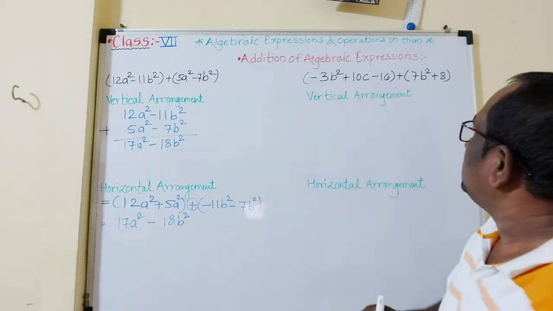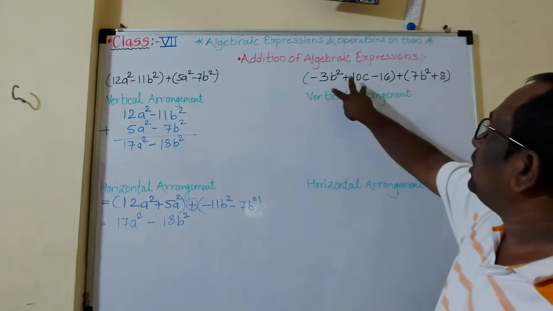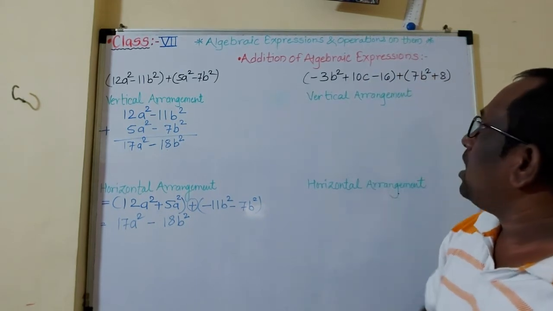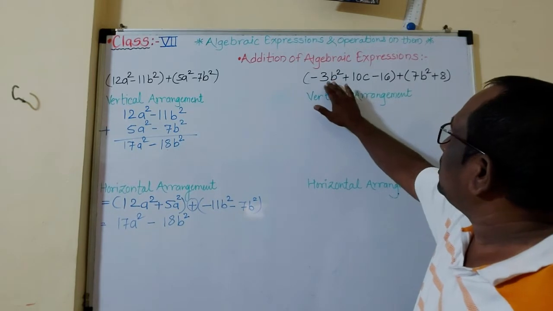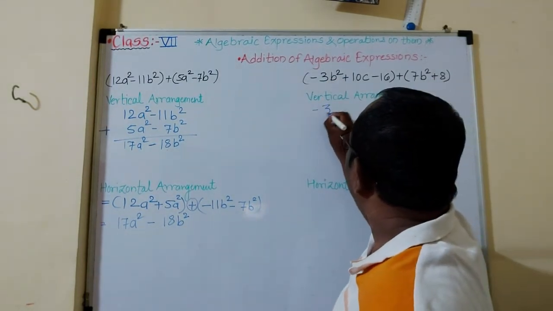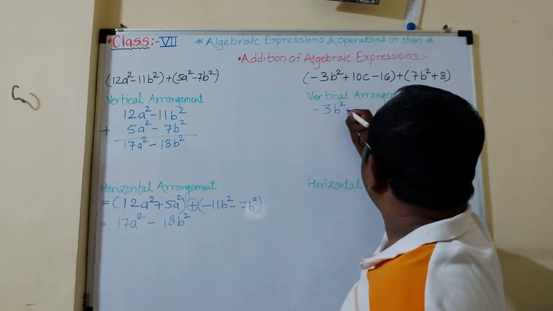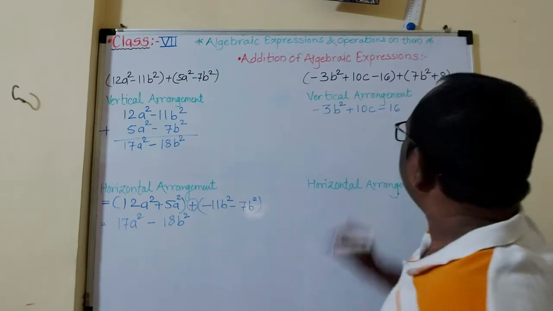Here, see students, 1, 2, 3 terms, and 1, 2 terms here. Now, vertical arrangement. First, minus 3b square, so write minus 3b square, plus 10c, minus 16.